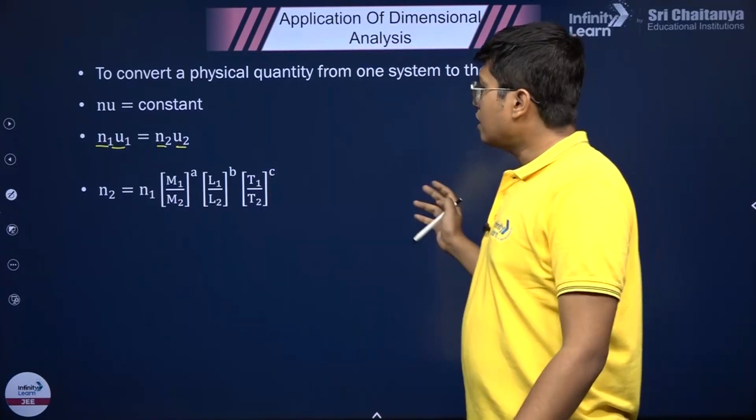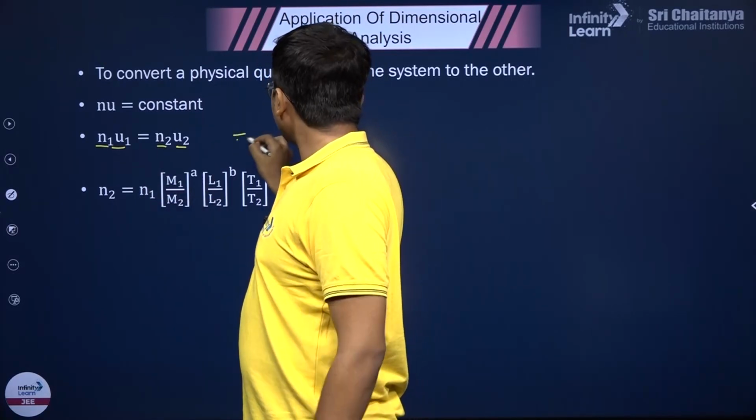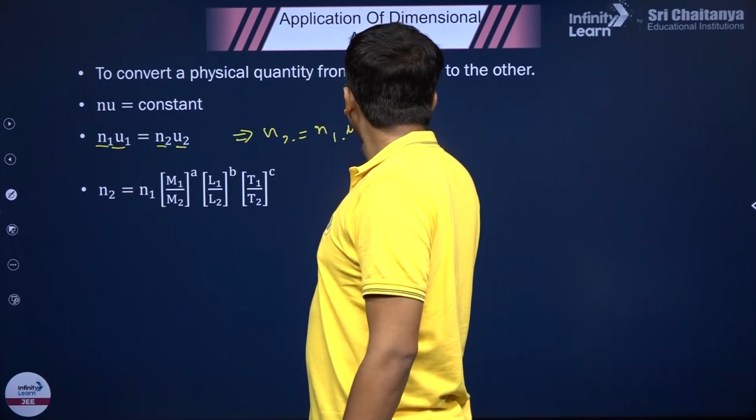From there, if you just shift this, we effectively get N2 is equal to N1 into U1 by U2.